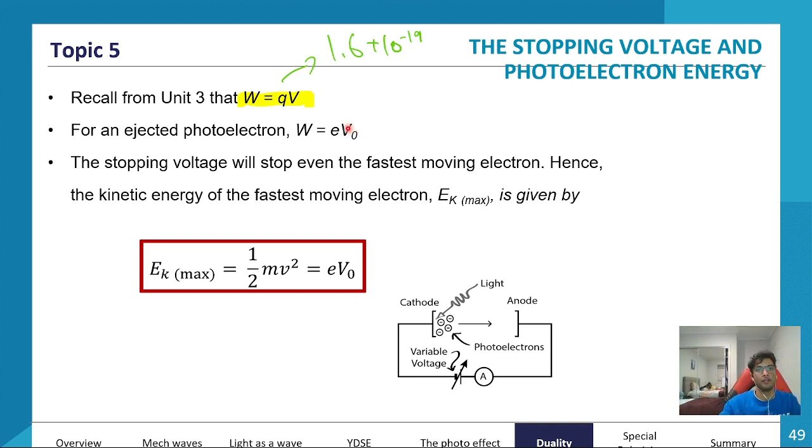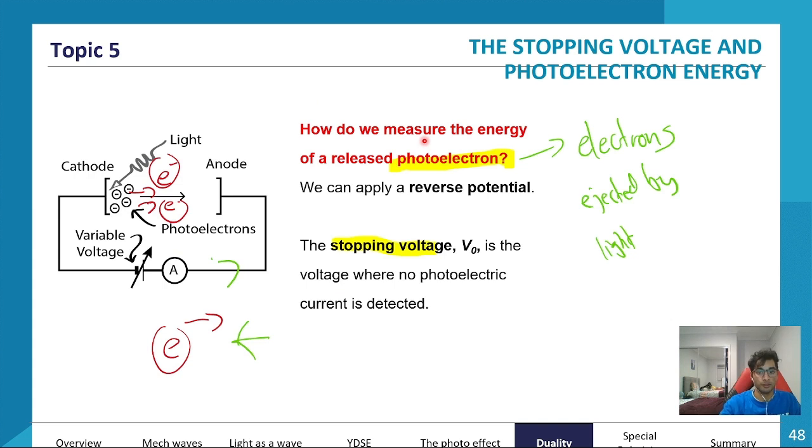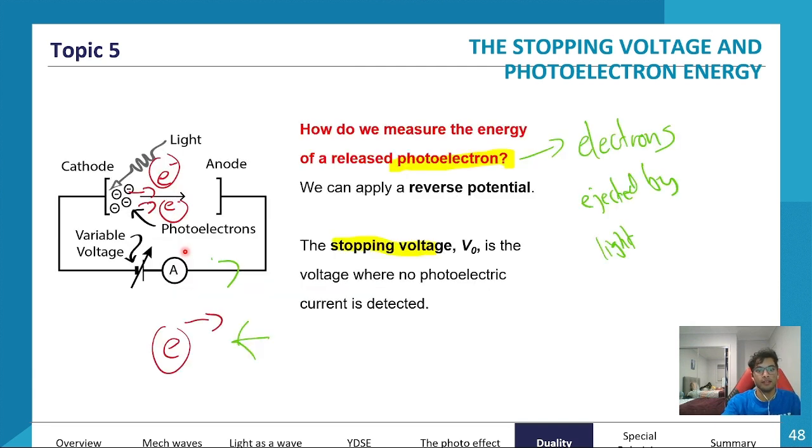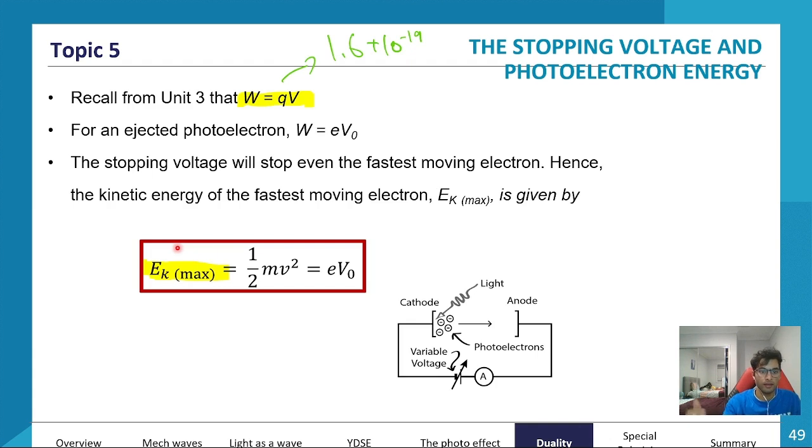This is something you've done in term 2. Since the electrons are being ejected with some velocity, they have kinetic energy. The kinetic energy of the electron is equal to E times V, where V is the stopping voltage going in the opposite direction. We want to cancel out the two forces until we get 0, and that's where this formula is derived from.